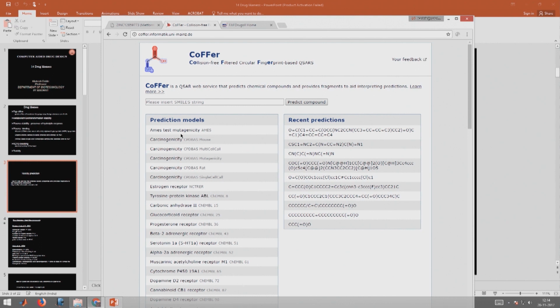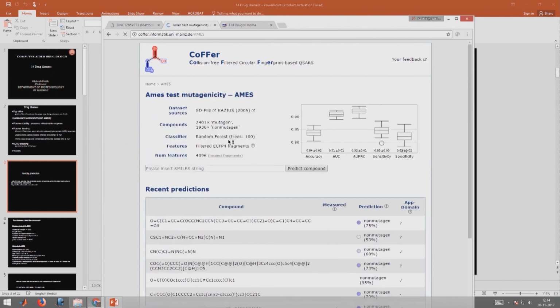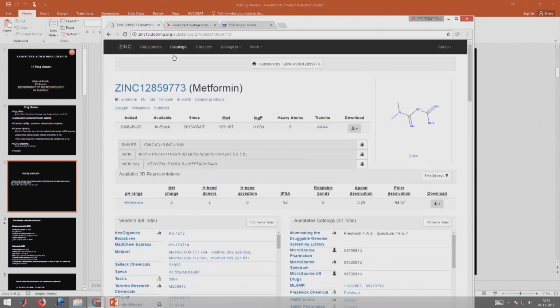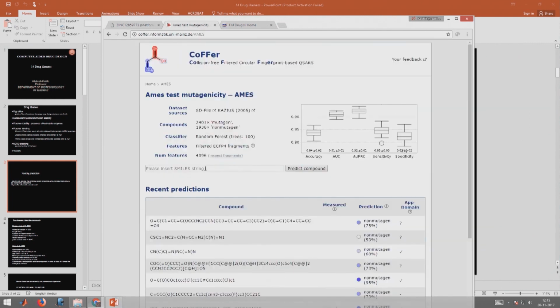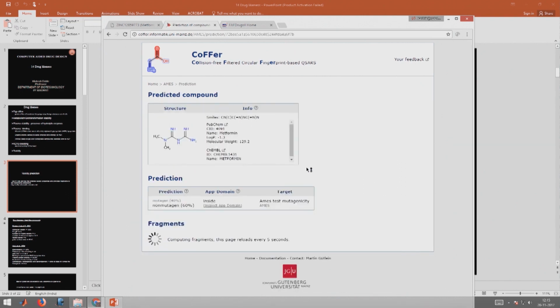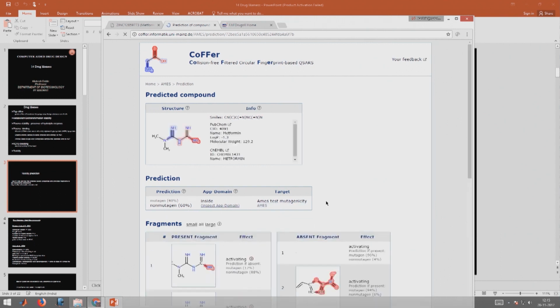For example, let me see AMES test mutagenicity. So, you want to know whether the compound you are working with is mutagenic. I went to the ZINC database, picked up, say, metformin, copied the SMILES notation, and then I can put that here. Then I can say predict. So, it gives you mutagen or non-mutagen.